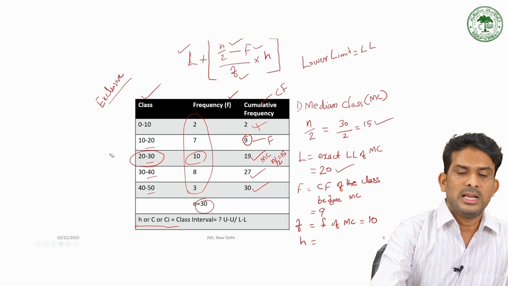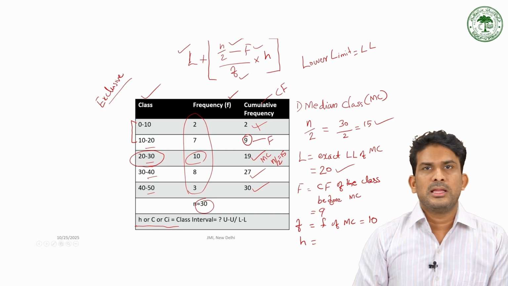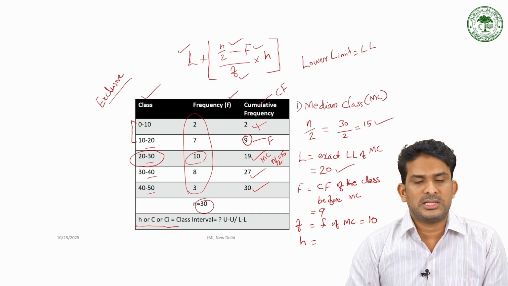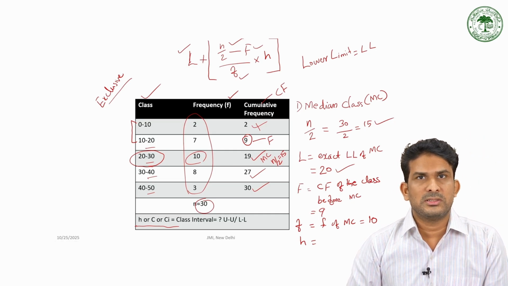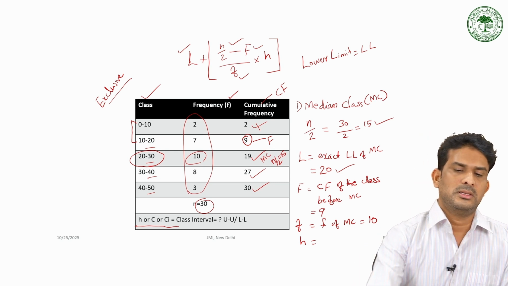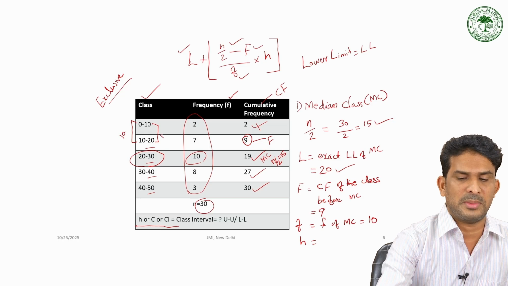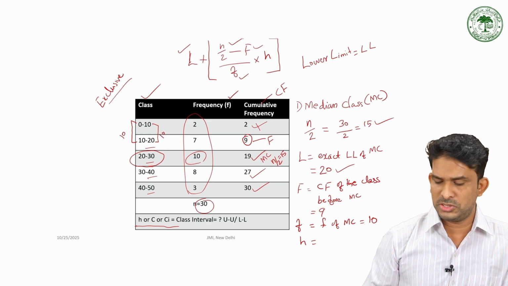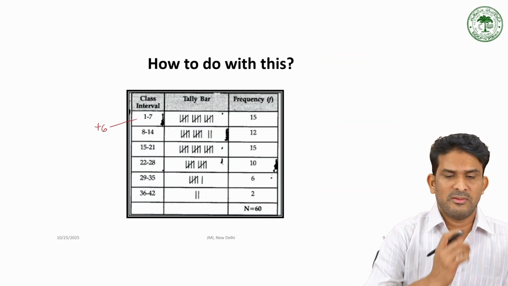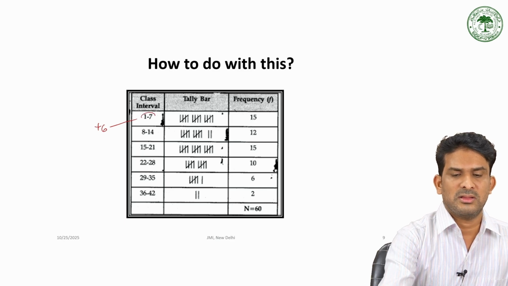What is correct? It is the difference between any two adjacent upper limits or lower limits. If we go this way, we get 6. If you go the correct way, the difference is 7.